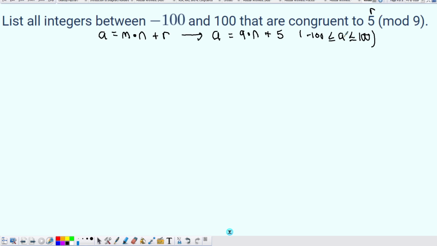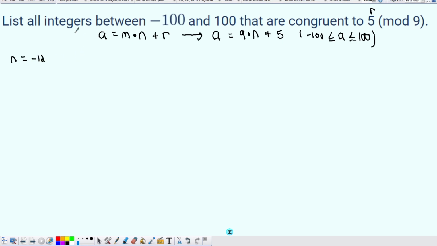What's the least possible integer that has a residue of 5? Well, we need to think in terms of multiples of 9. So, for instance, I know that 9 times 12 is 108. So if I'm starting at negative, let's say n is negative 12.